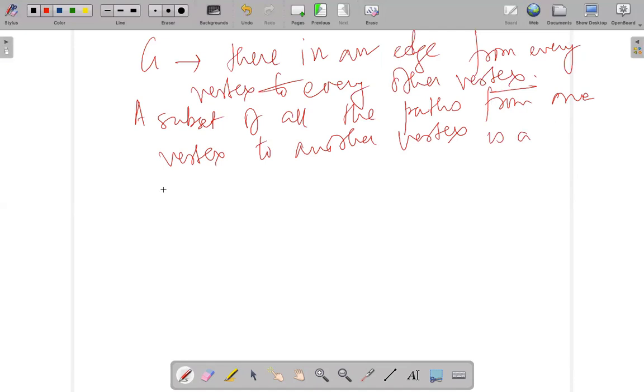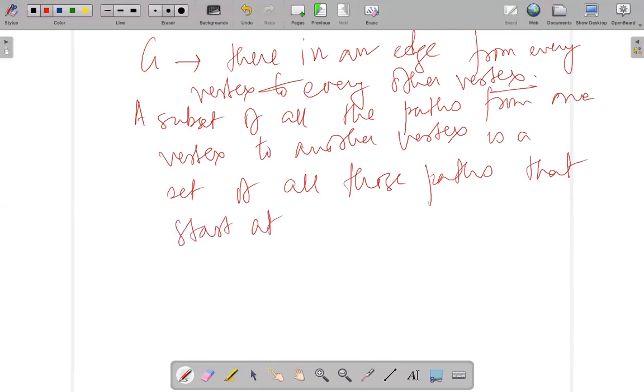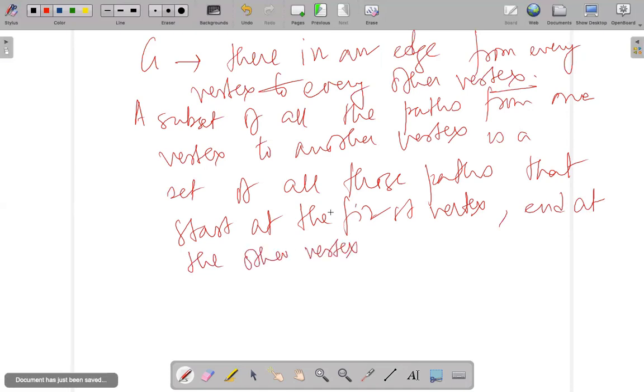is a set of all those paths that start at the first vertex, end at the other vertex and pass through all the other vertices.